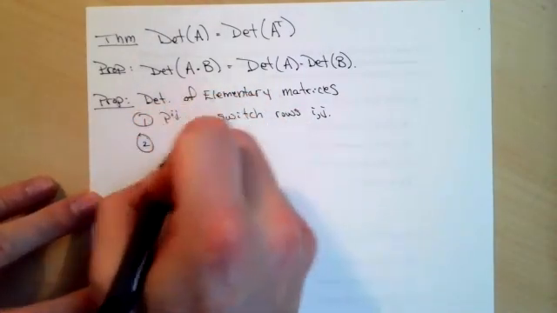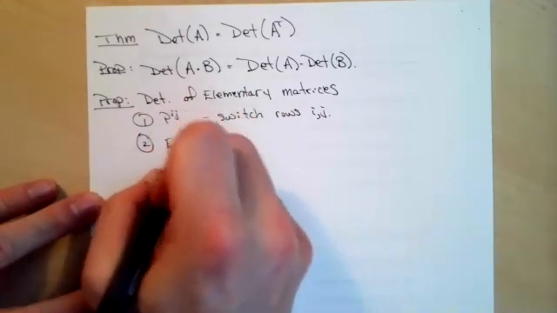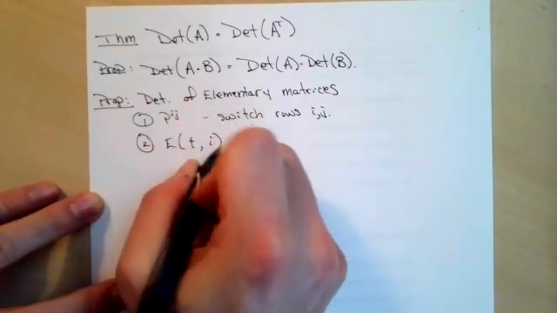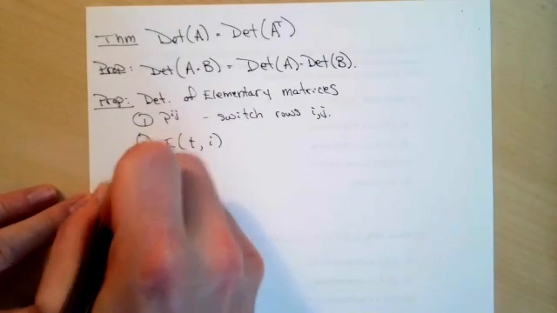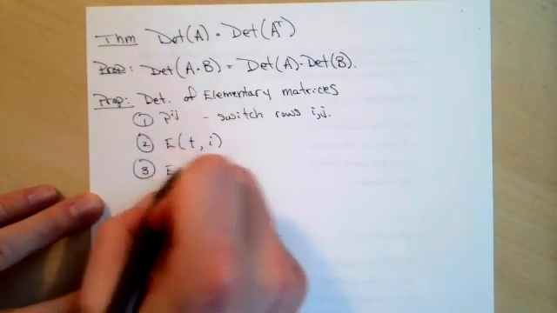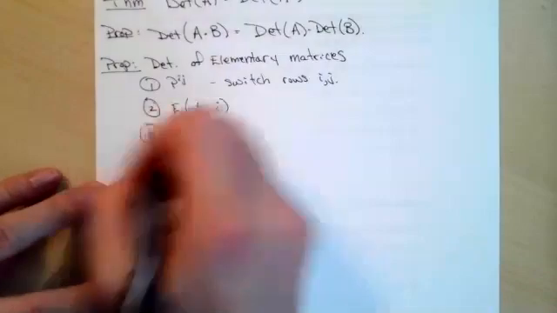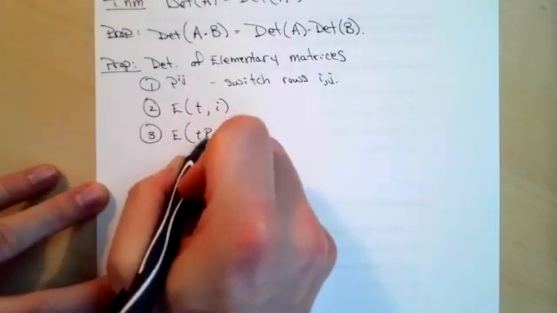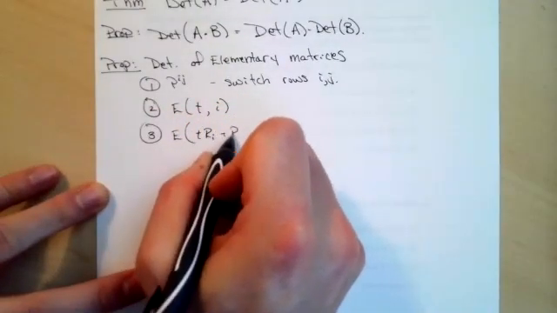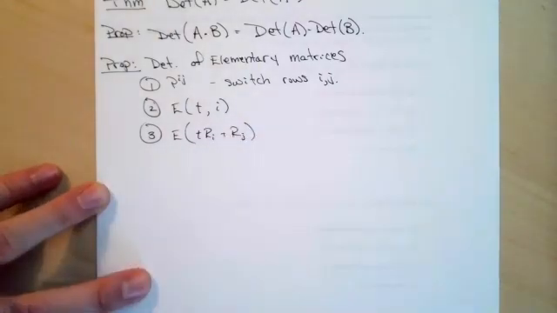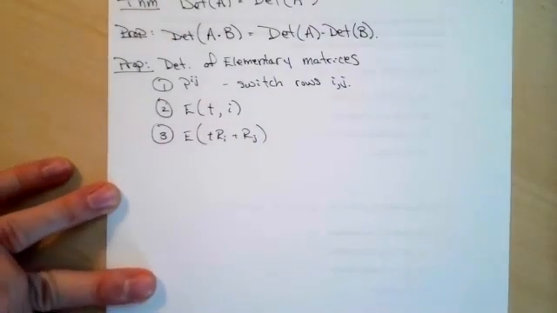We had the multiply a row by a scalar. And then the one we use most often with row operations is probably this: add a scalar multiple of row i to row j.